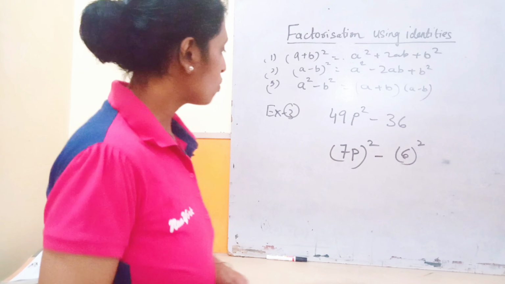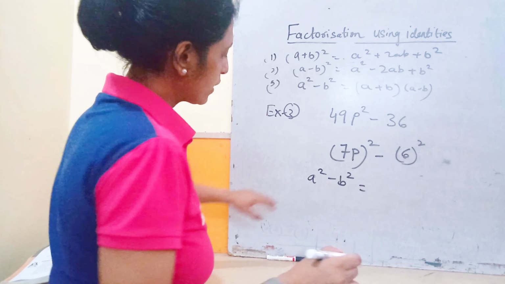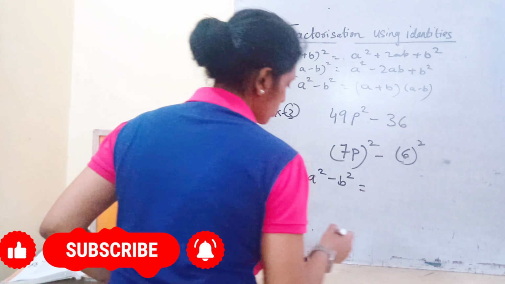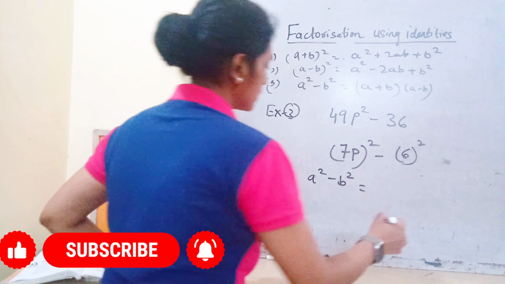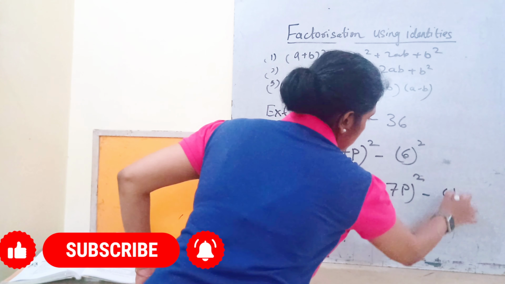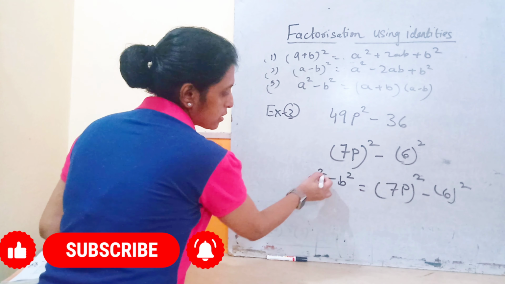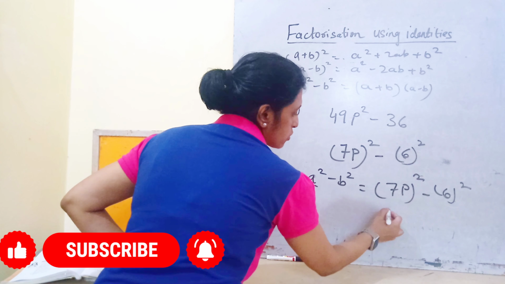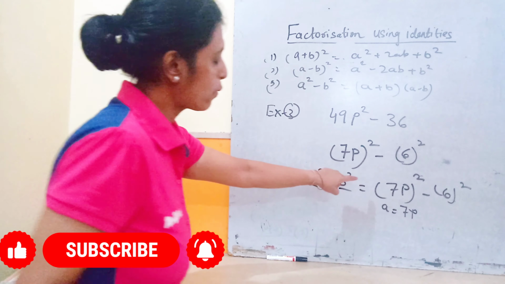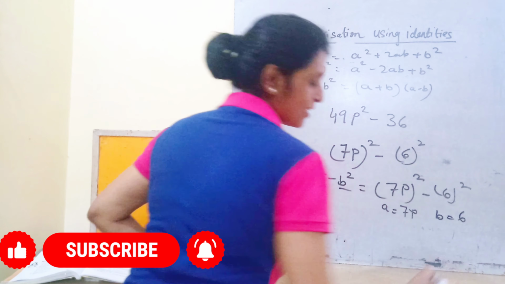Okay. So let's take a square minus b square. Okay, we can compare this (7p) whole square minus 6 to the power 2 with a square minus b square. Okay, (7p) to the power 2 minus 6 to the power 2. So you can see children, a square, here it is (7p) whole square. So it means a is your 7p, and b square, it means b can be taken as 6.